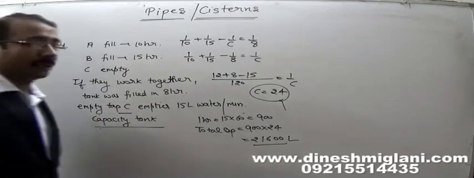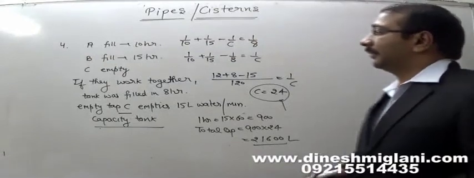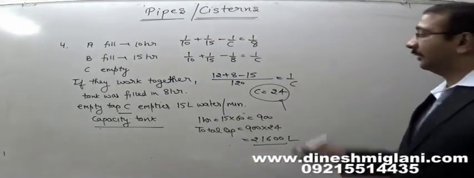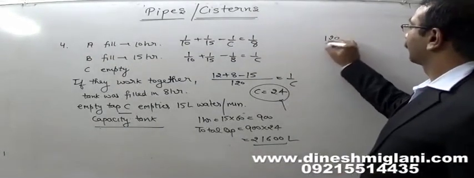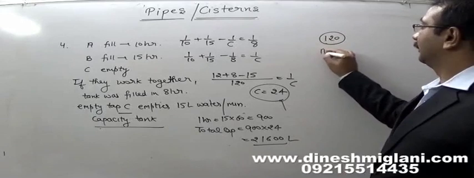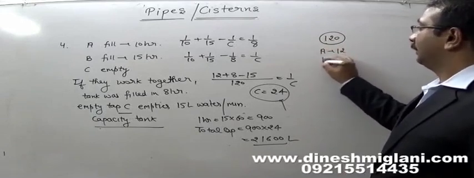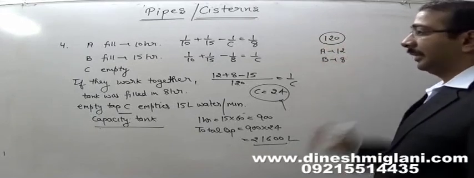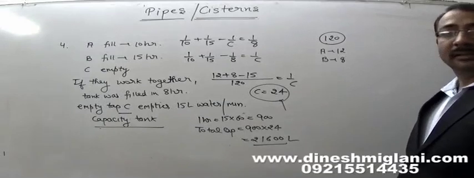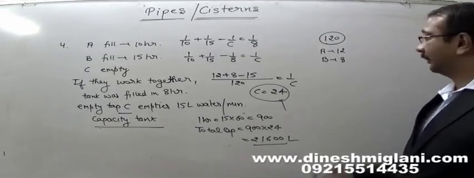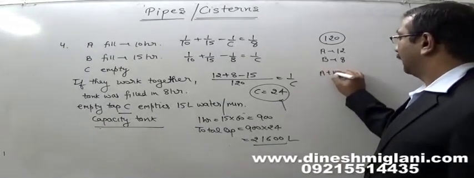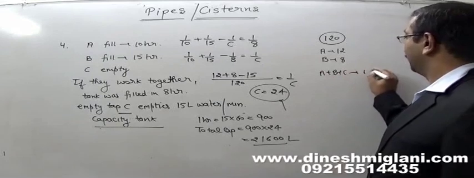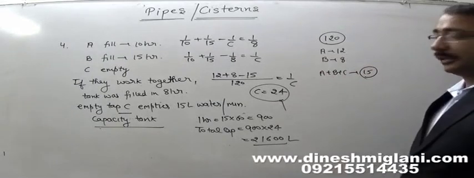The second approach that you can say, just take the LCM of 10, 15 and 8, that is 120. It means A in 1 hour fills 12, B in 1 hour fills 8. They work together and in 8 hours they fill it. It means A, B, C together fill 15 per hour. Obviously C will empty it.